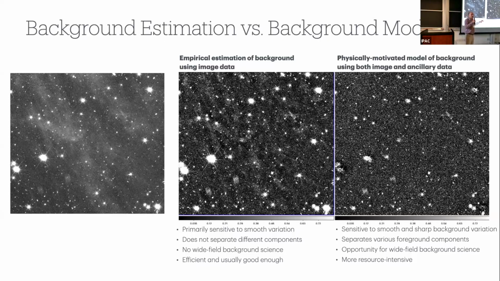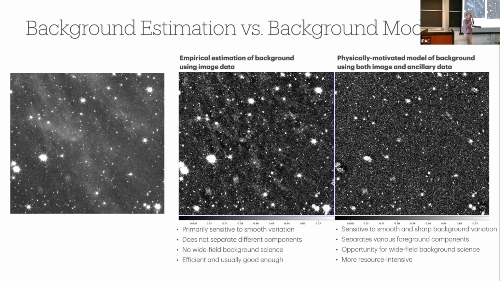Another nice thing about doing this more physically motivated modeling is that you're able to separate out the components of the background in your image. Rather than just saying this is something that's not a galaxy, you're able to identify diffuse galactic cirrus, you're able to identify zodiacal light, that's your foreground, and you're able to enable some wide field science that you can do with those separated out background components.